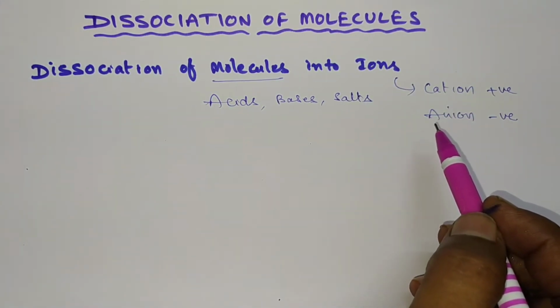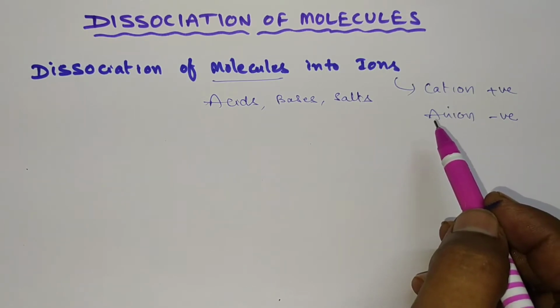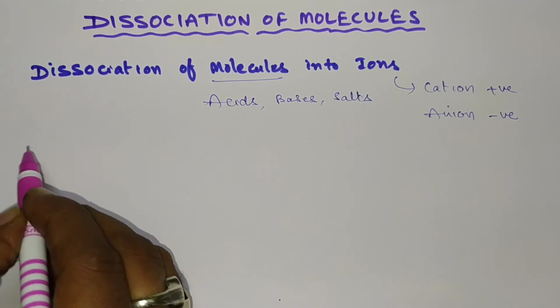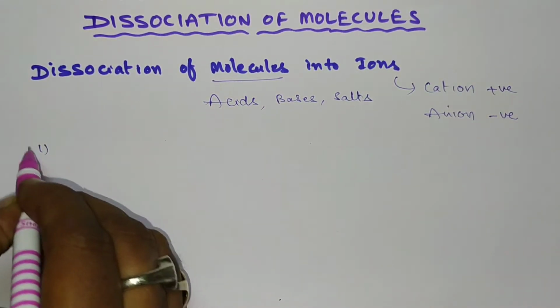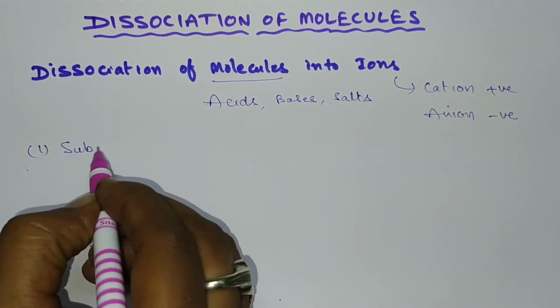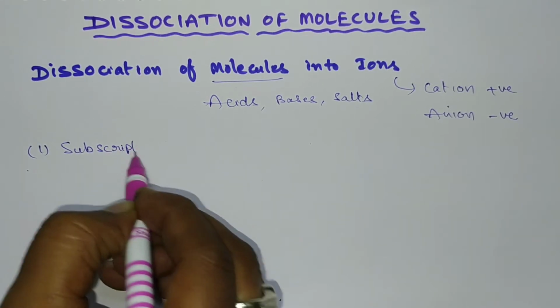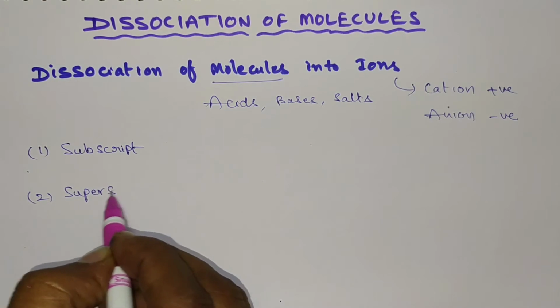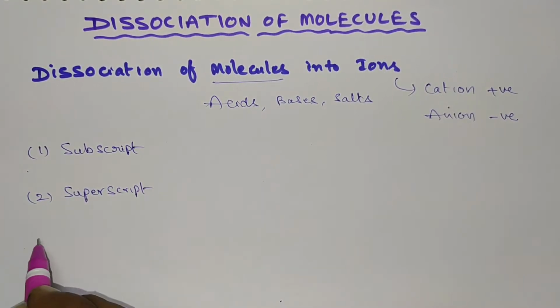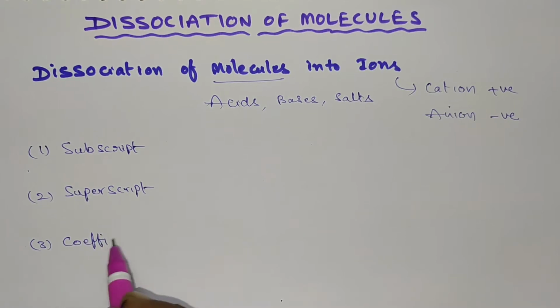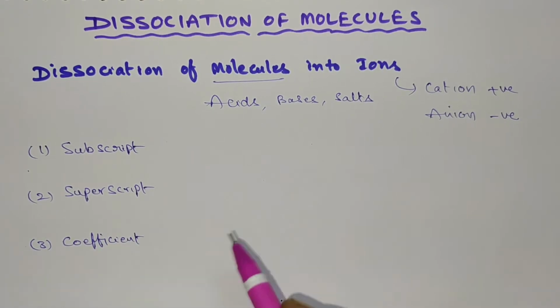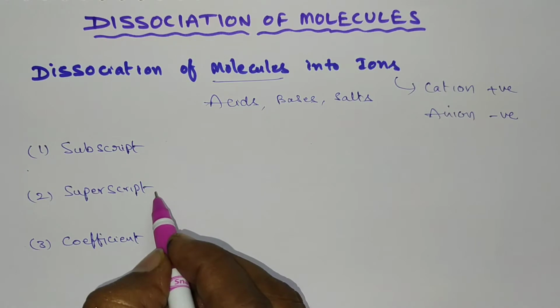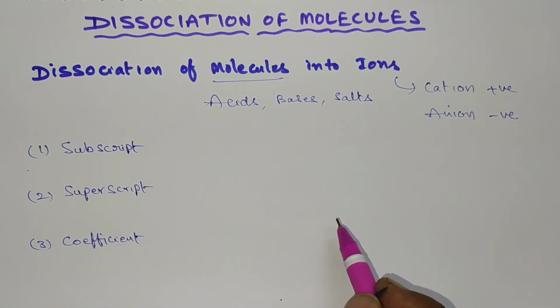Now, before going to this, let us discuss some technical terms. The first one is subscript, the second one superscript, and the third one coefficient. Subscript, superscript and coefficient.